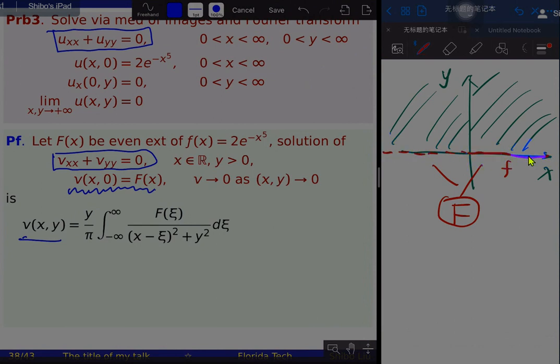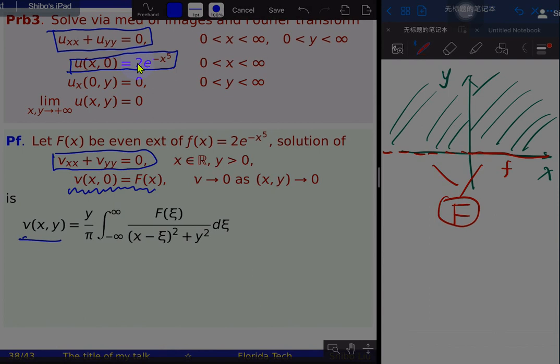In particular, it also equals f on the positive x-axis. On the positive x-axis, capital F is simply small f. This means that our v also satisfies this condition. Therefore this v satisfies our PDE and one of our boundary conditions.